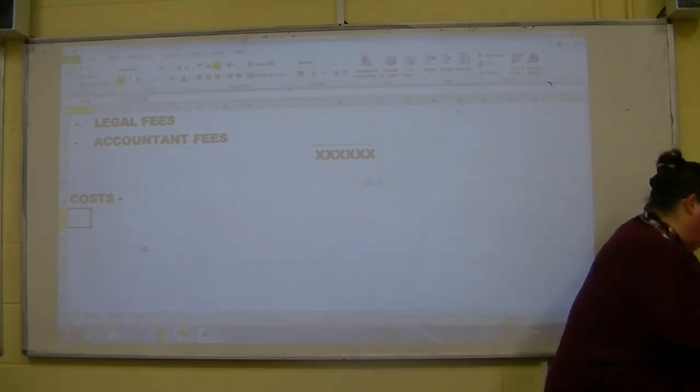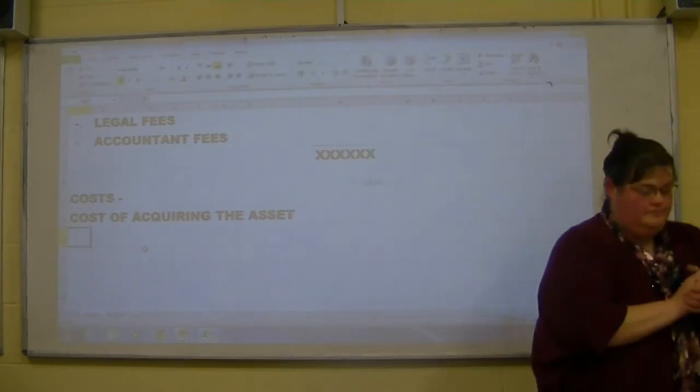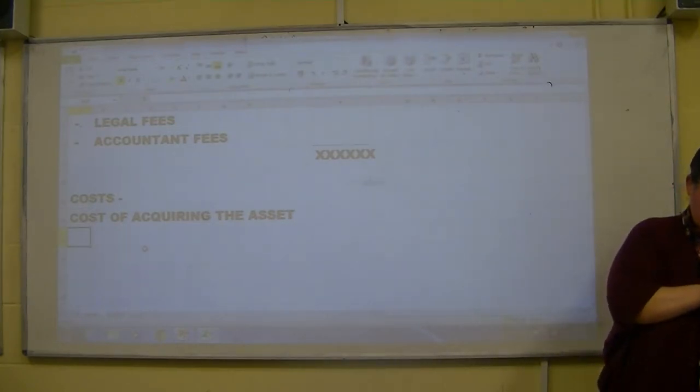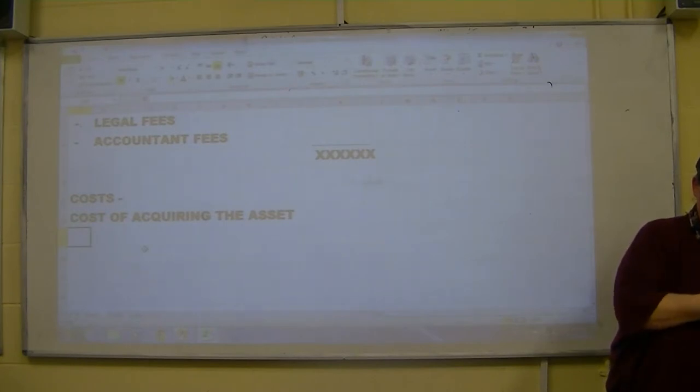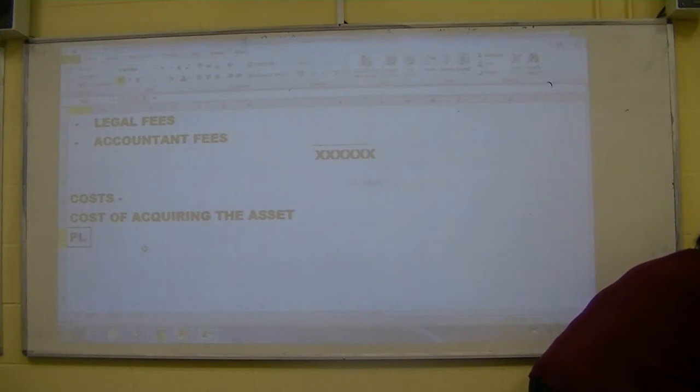Okay, and then we've got our costs. So that's the cost of acquiring the asset. Okay, then plus incidental costs on acquisition.